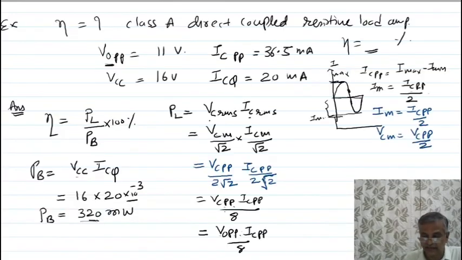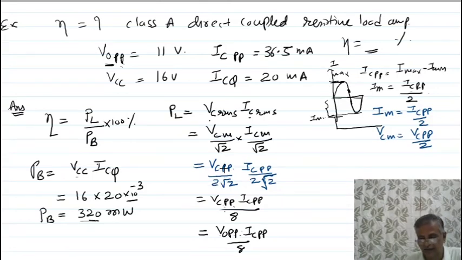Sometimes they give this value in RMS, but this is given peak to peak. So we got the relation between RMS and peak to peak. What is the relation of RMS and peak to peak? RMS is nothing but peak to peak upon 2 root 2.